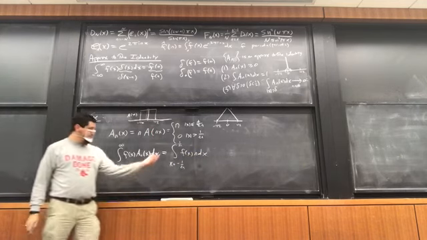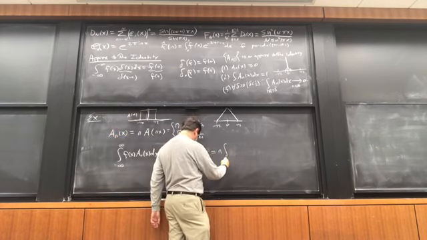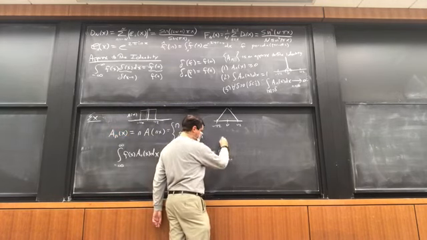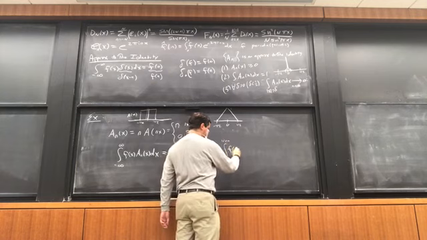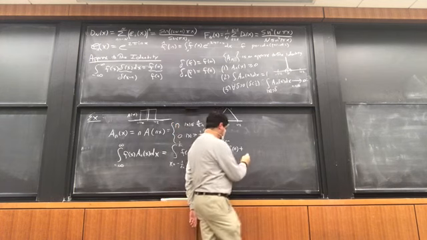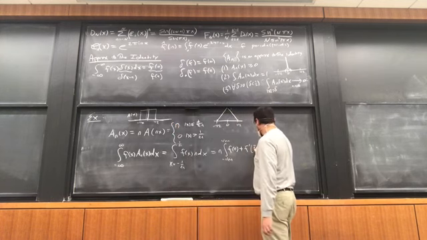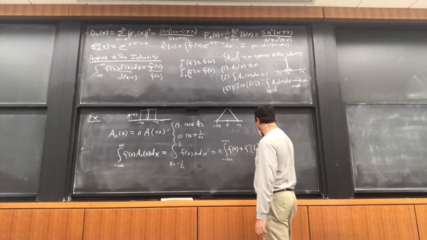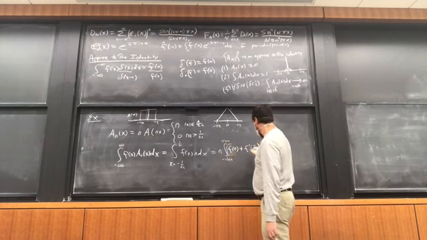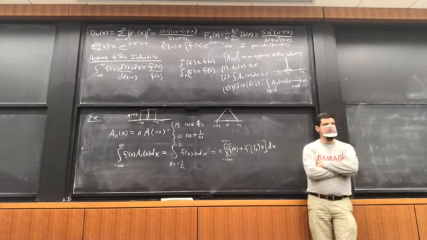And if you think about it, if f is nice, I can write this as n times the integral from minus 1 over 2n to 1 over 2n of f of 0 plus, say, f prime of c of x times x dx. Some kind of Taylor expansion.